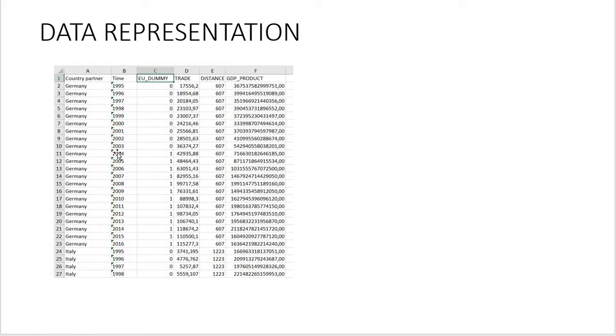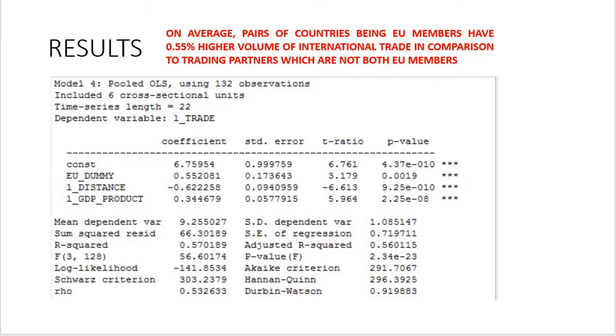That's why only since 2004 it's true that both countries are European Union member states. So it's really important to know how a dummy variable is specified in order to be able to interpret the output of the regression model correctly. So this is the output of the regression model.